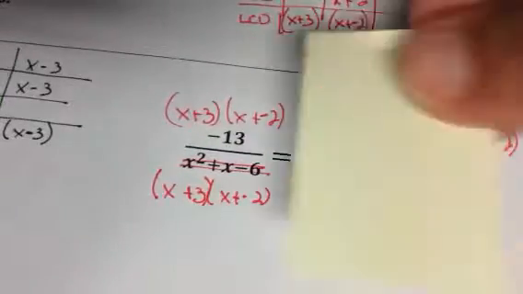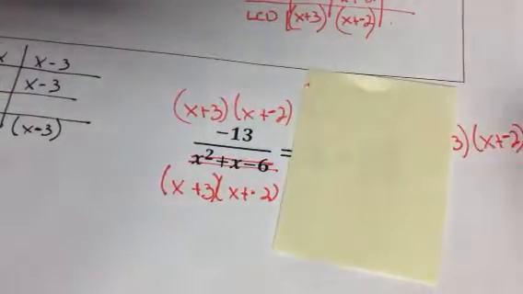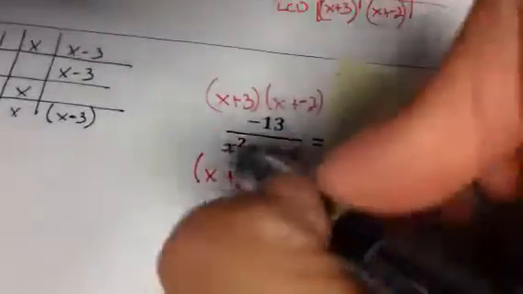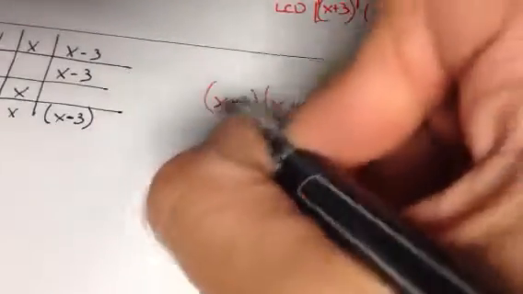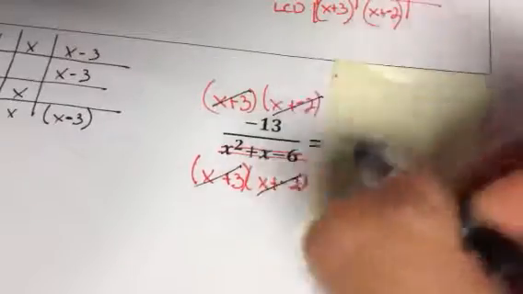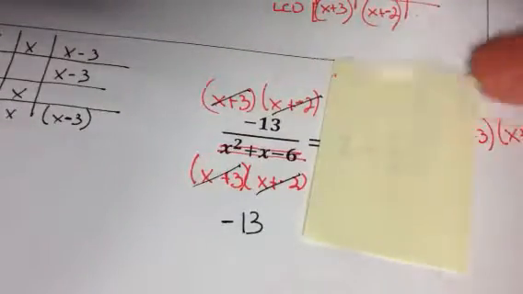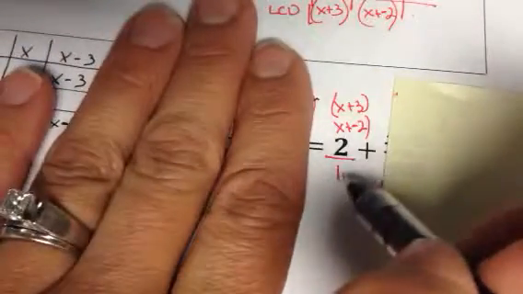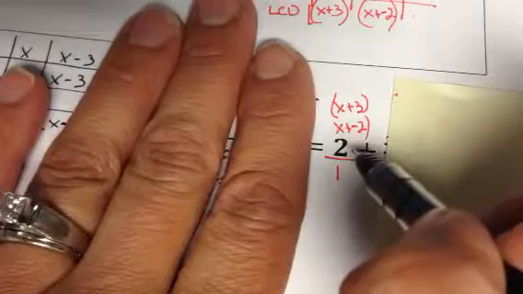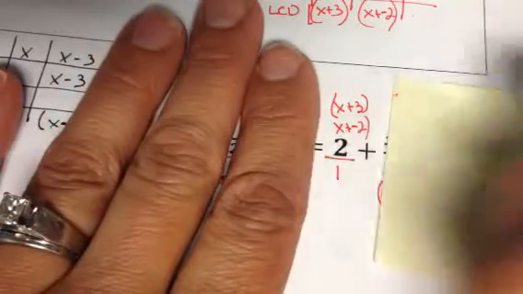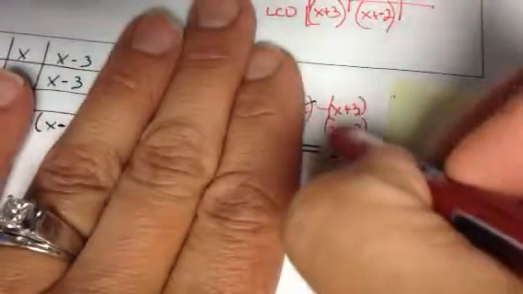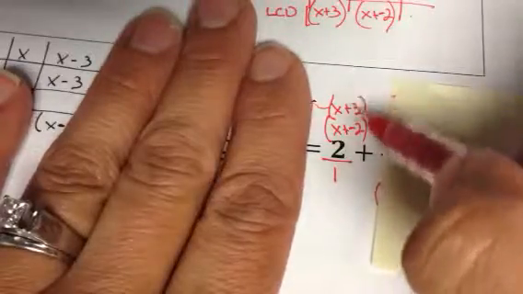Okay, so now that I've done that, I'm going to go to each fraction and cancel out the denominators. Start with the first denominator. This takes out this, this takes out this, and when you're done, you're just left with negative 13. Okay? Now I'm going to go to my next fraction. As it turns out, nothing cancels out with 1. So I have the factors 2, x plus negative 2, and x plus 3. And I'm supposed to multiply these.